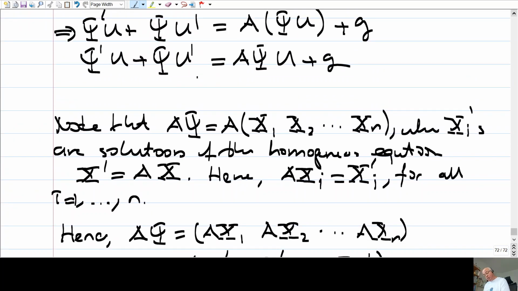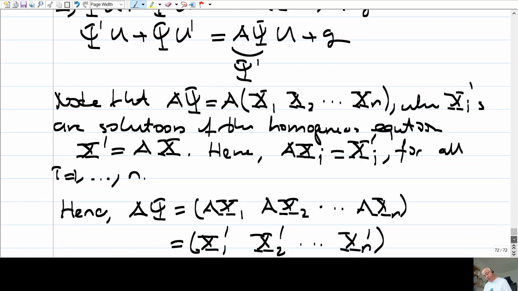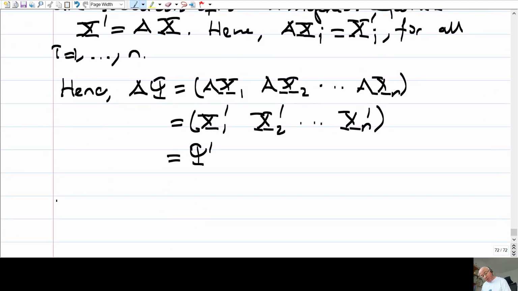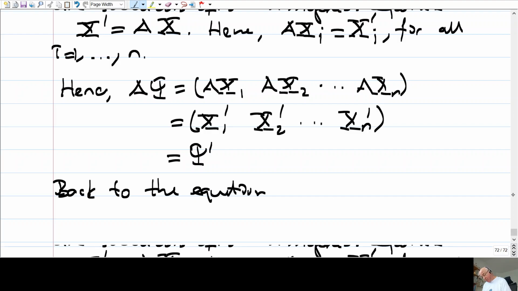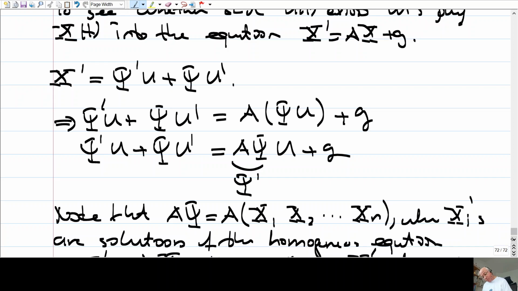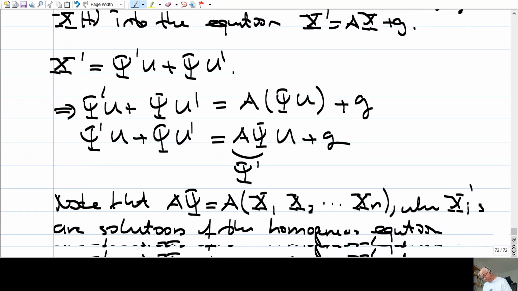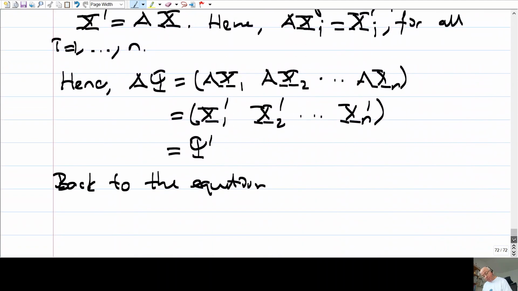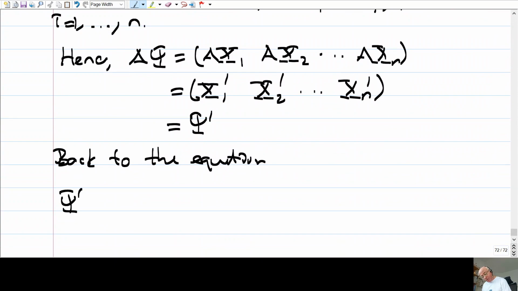Now let's go back to the equation. Now I have A times phi, so this will be phi prime. So we get what? Back to the equation. What did we have?